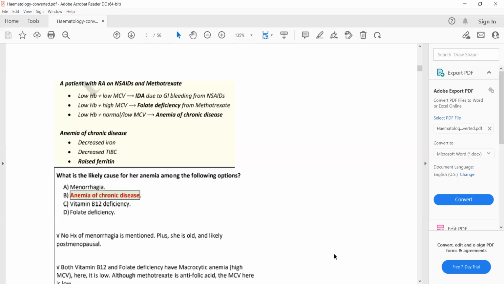In a disease state, the body tries to hide the iron either in the bound form or in the storage form. That's why TIBC is decreased and ferritin is increased, because in chronic diseases the storage form of iron is increased, so ferritin is raised, and the free form of iron is decreased. Again, the cause is inflammatory cytokines that are released during chronic diseases.